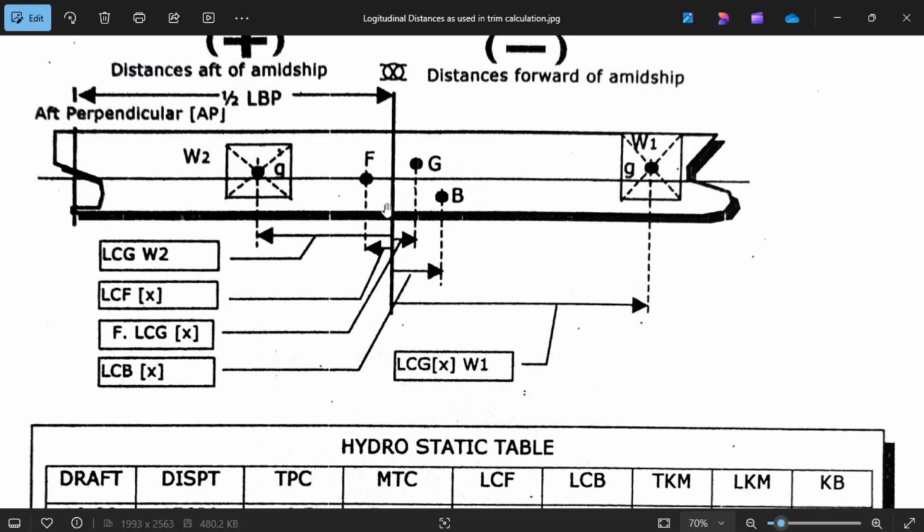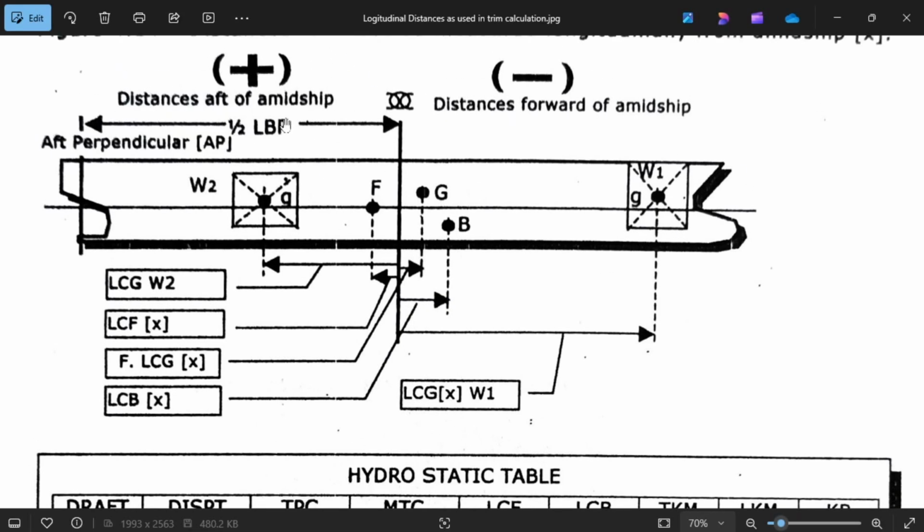Because you are behind this amidship, the point of reference or measurement, then it should be a positive sign. So your longitudinal center of rotation should be positive. Okay, so this explains why you have a negative and positive sign.